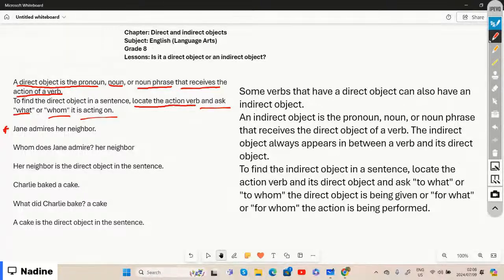If we look at that sentence, we need to ask ourselves, whom does Jane admire? She admires her neighbor. Which means that her neighbor is the direct object within the sentence, because it tells us whom she admires.